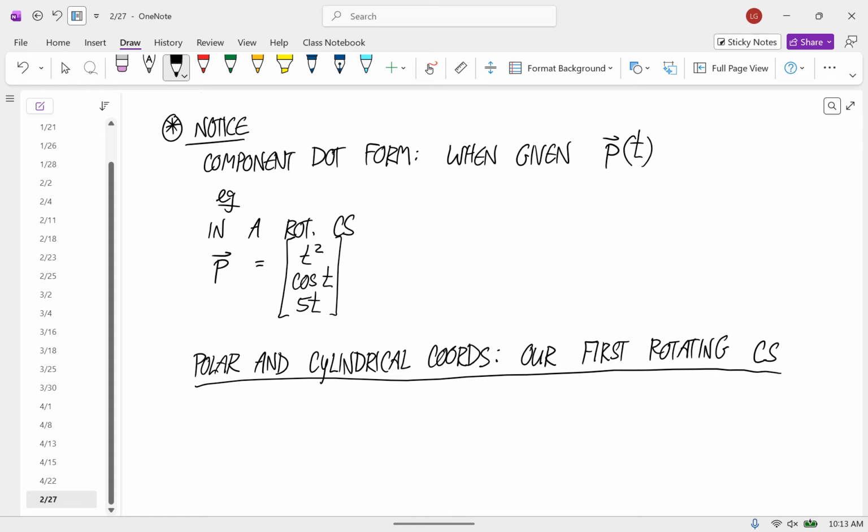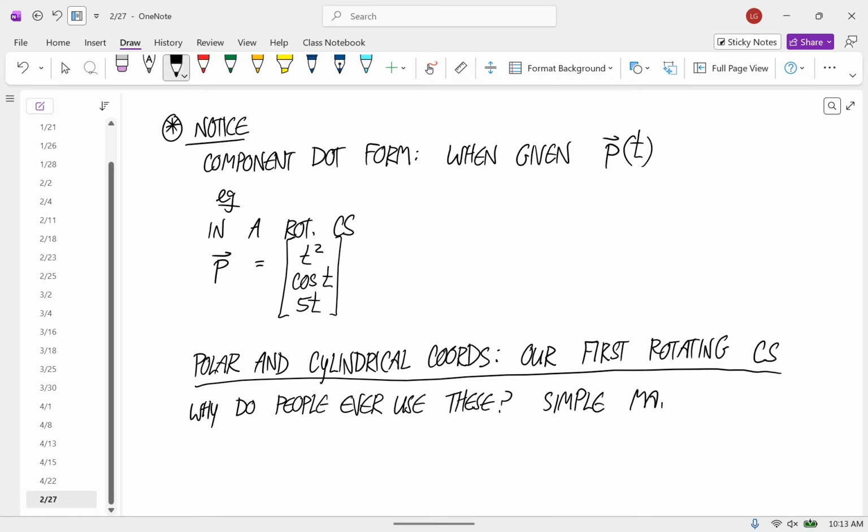So first of all, why would you ever use polar coordinates? So why do people ever use these? They can simplify math a lot.